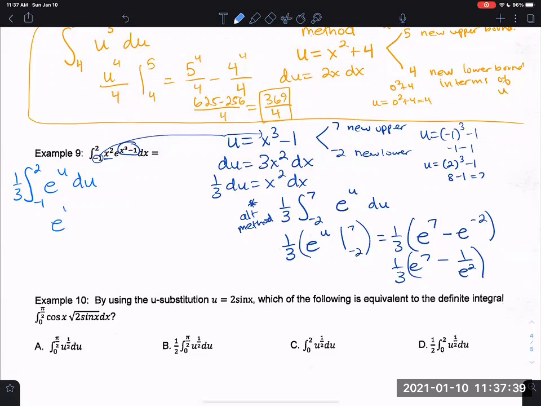However, once I do this, I have to put my e to the x cubed minus 1 back in.